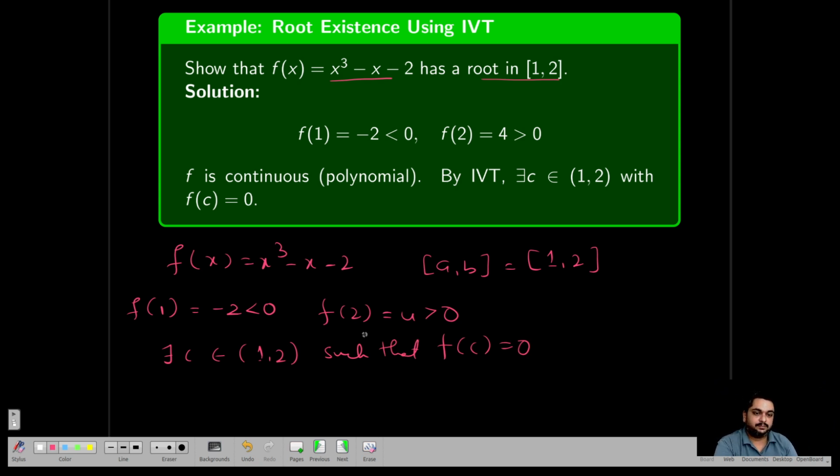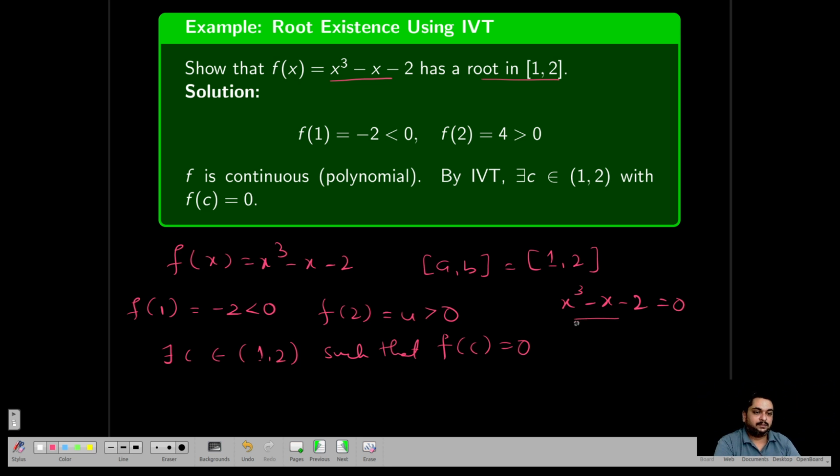You can write it like this, because f of 1 is less than 0 and f of 2 is greater than 0. So there is one point where f of c will be 0. So that means x cube minus x minus 2 is equal to 0 for some value of x, that is nothing but c.